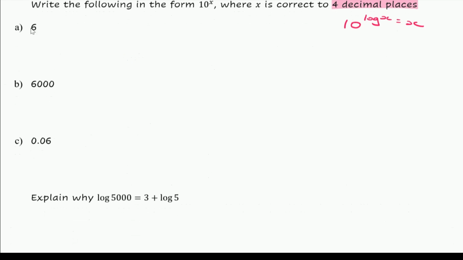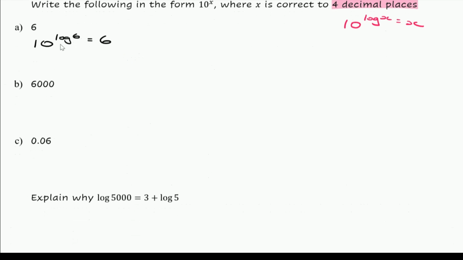So in this case here, my 6 is my x. So I'm going to have 10 to the power of log 6, which is going to actually give me 6 here. And what I'm going to do, using my calculator, is figure out what log 6 is.